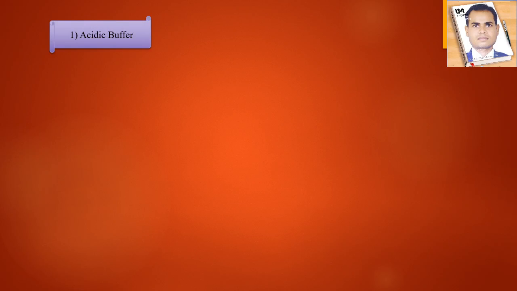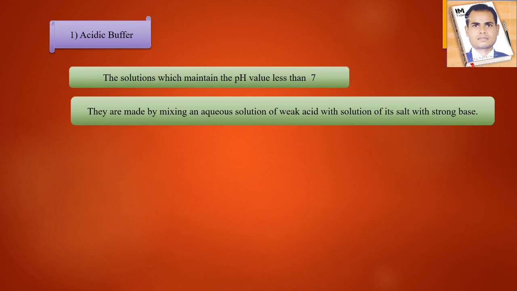First of all, the acidic buffer: the solutions which maintain pH values less than 7. If we want to control the pH below 7, we use the acidic buffer solution. If you want to control the pH above 7, you can use the basic buffer solution.